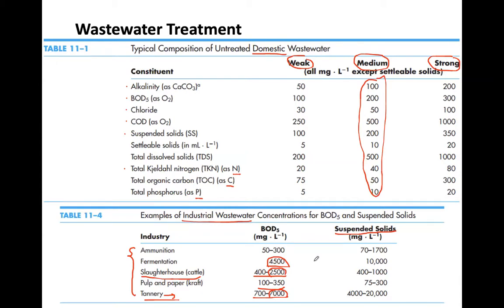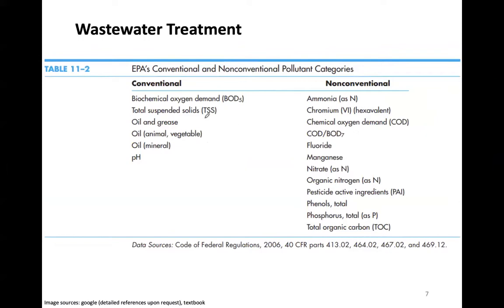Okay. So here I'm also listing some conventional pollutant types and non-conventional pollutant types, right? So the conventional pollutant species are those that we're most interested in. People have been doing these measurements for a long time, right? For example, BOD5, suspended solids, pH, and different types of oil.